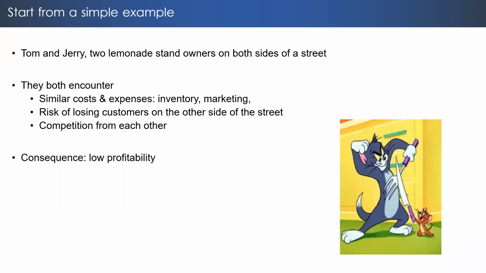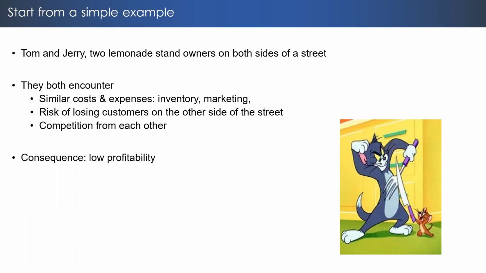If Tom sells lemonade at $3 a cup, making a profit of $1 at a cost of $2, then Jerry would have the incentive to sell the lemonade maybe at $2.50. People will find he has a cheaper price and all come to his stand to buy the lemonade.